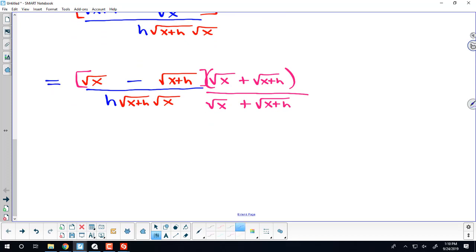So the denominator is going to get sort of tedious. I'll just go ahead and write this out.